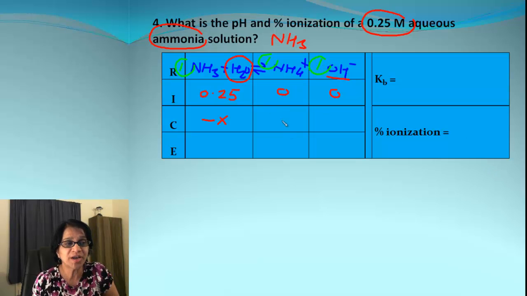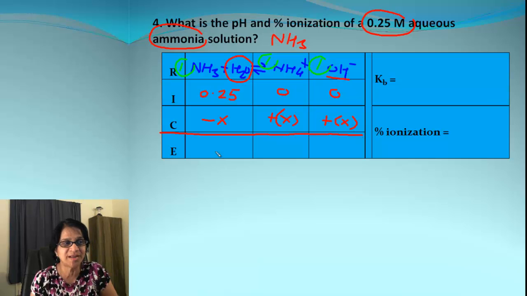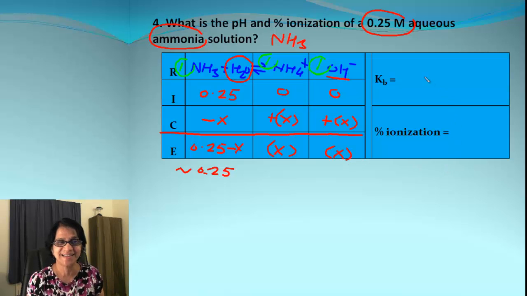So we are going to get X ions of ammonium and X ions of hydroxide. So what is the ending concentration at equilibrium? This will be 0.25 minus X, and remember again, X is going to be too small, so that will be equal to 0.25, and this will be X, and hydroxide will also be X.